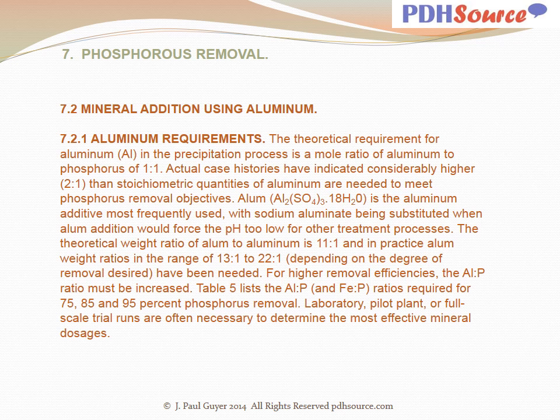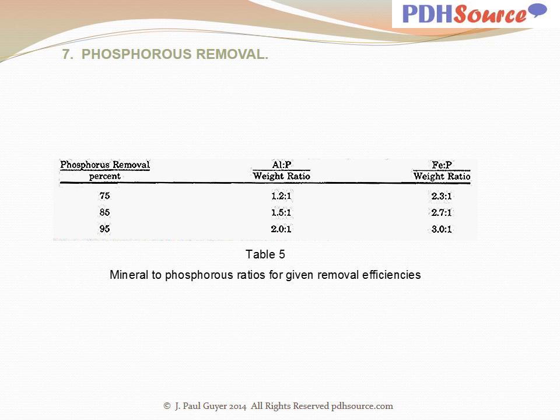Table 5 lists the aluminum to phosphorus and iron to phosphorus ratios required for 75, 85, and 95% phosphorus removal. Laboratory, pilot plant, or full-scale trial runs are often necessary to determine the most effective mineral dosages. Table 5 indicates the mineral to phosphorus ratios for given removal efficiencies for aluminum to phosphorus and iron to phosphorus.